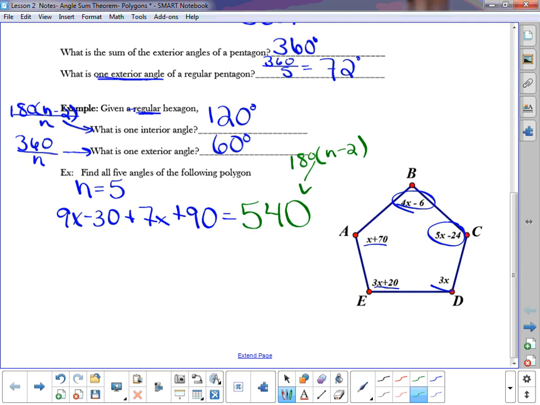Alright, go ahead and solve for x, see what you get. And then notice it says find all 5 angles. So once you've gotten x, go ahead and find what each of those angles are.